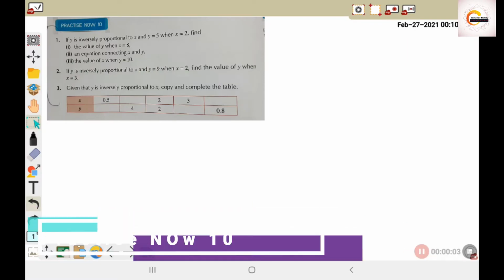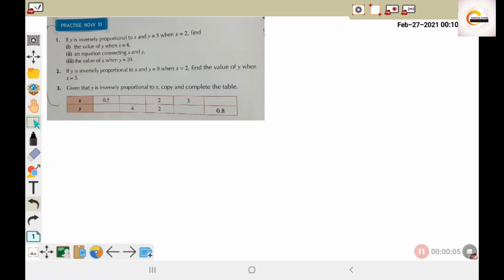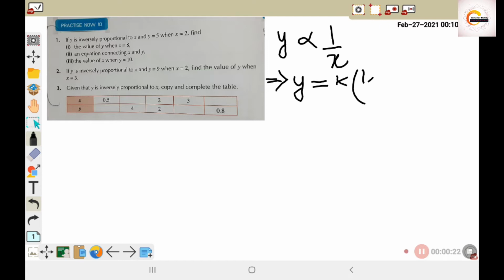Practice question number 1. If y is inversely proportional to x, I'm going to write the formula first. With constant of variation our equation will be y is equal to k into 1 upon x. This is our formula.